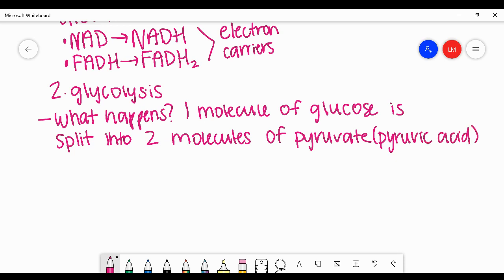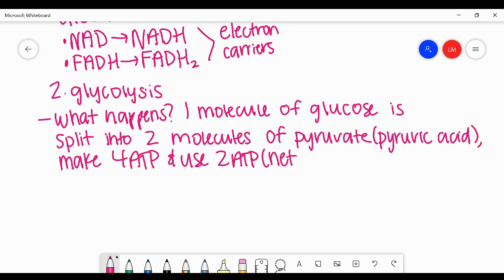So essentially what we're doing is cutting glucose in half. And during that process, we are going to have to make 4 ATP and use 2, which means we have a net of 2 ATP.